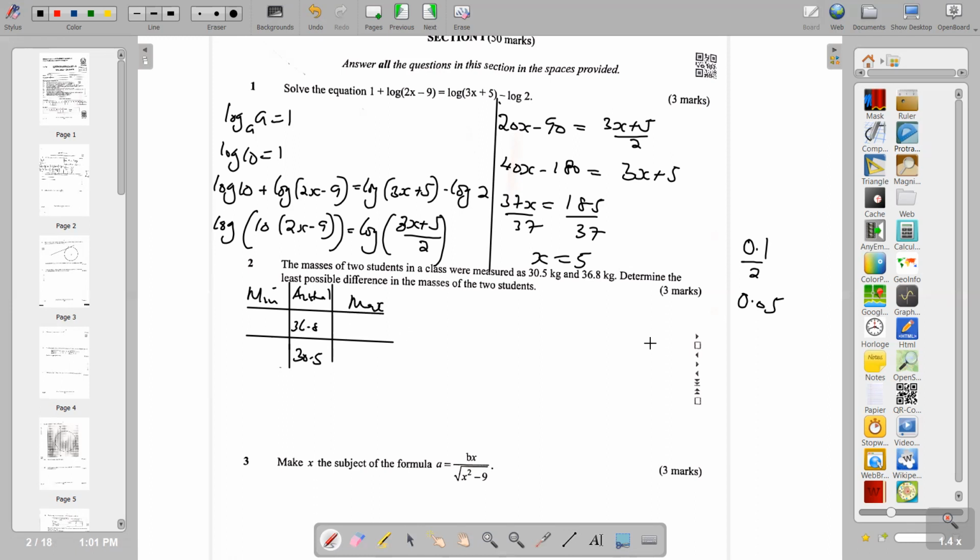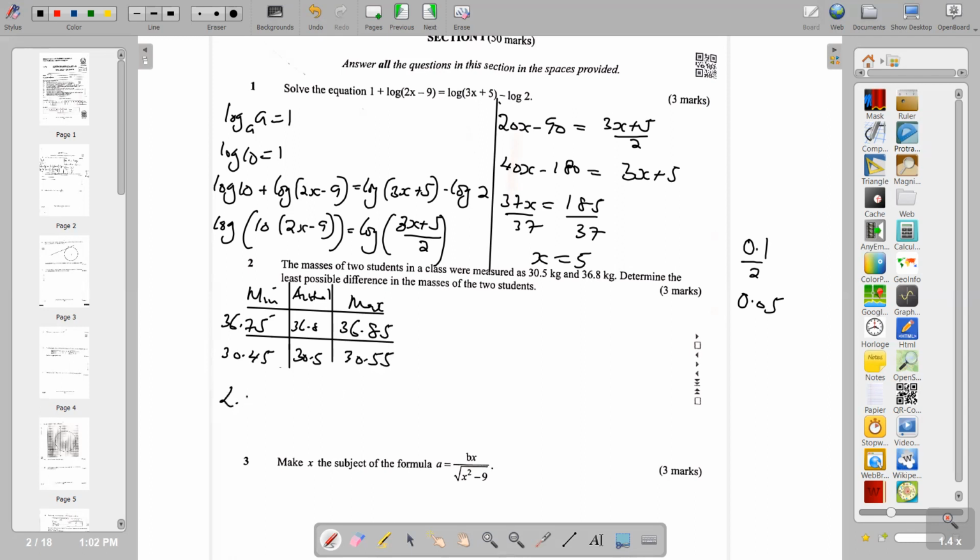You take 36.8 minus 0.05, going to get 36.75, and 36.8 plus 0.05, going to get 36.85. And then on the other side, it is 30.5 minus 0.05, going to get 30.45, and then you add, you're going to get 30.55.